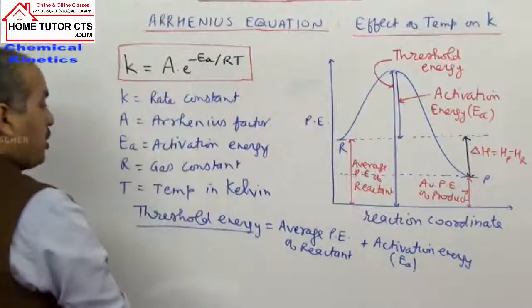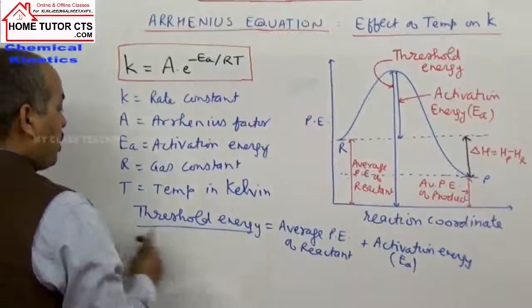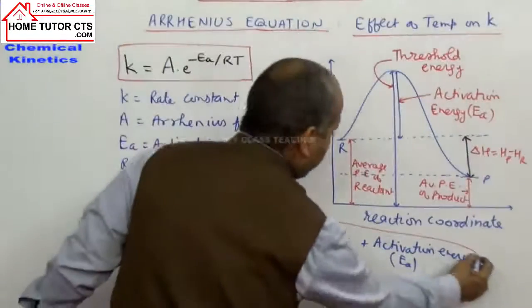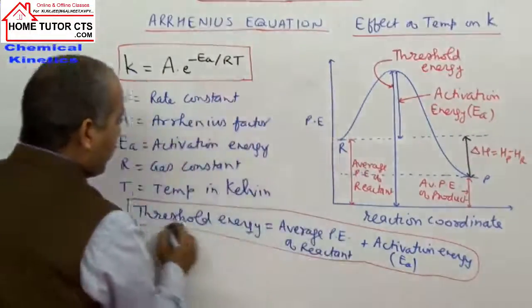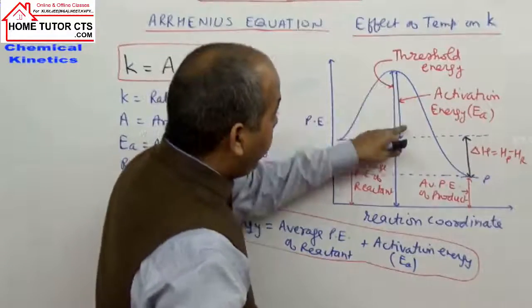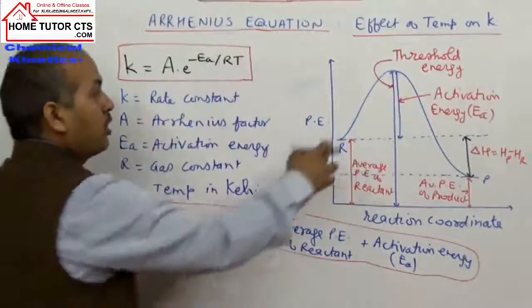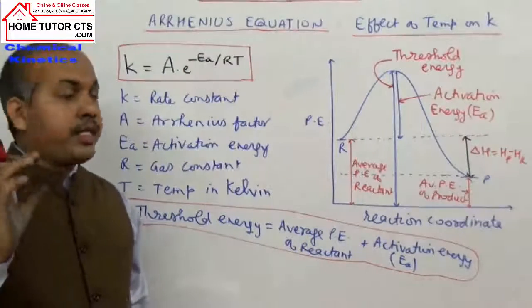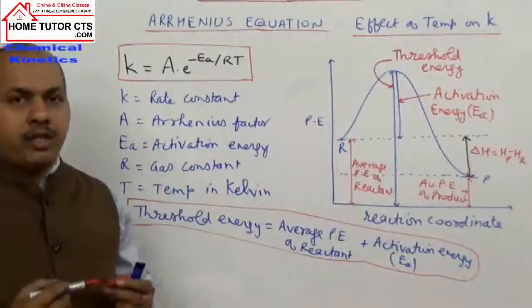When we add both values, this becomes the threshold energy. Below this energy, the reactant molecules cannot convert to product.